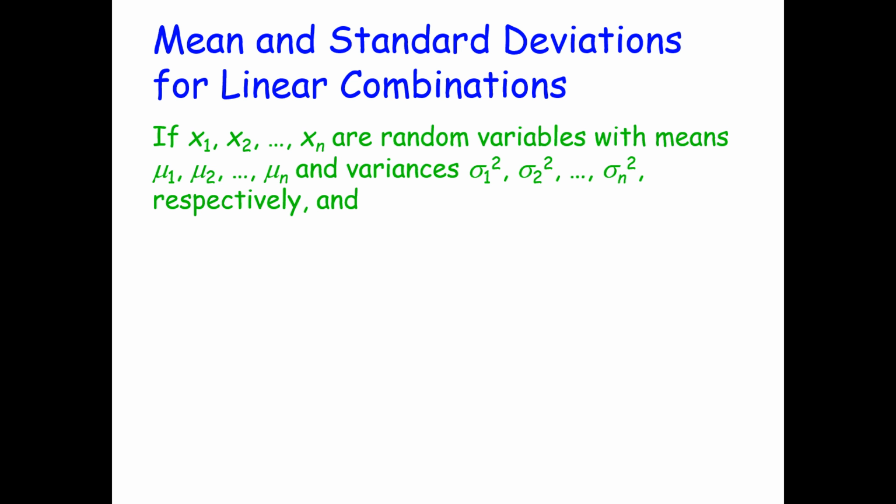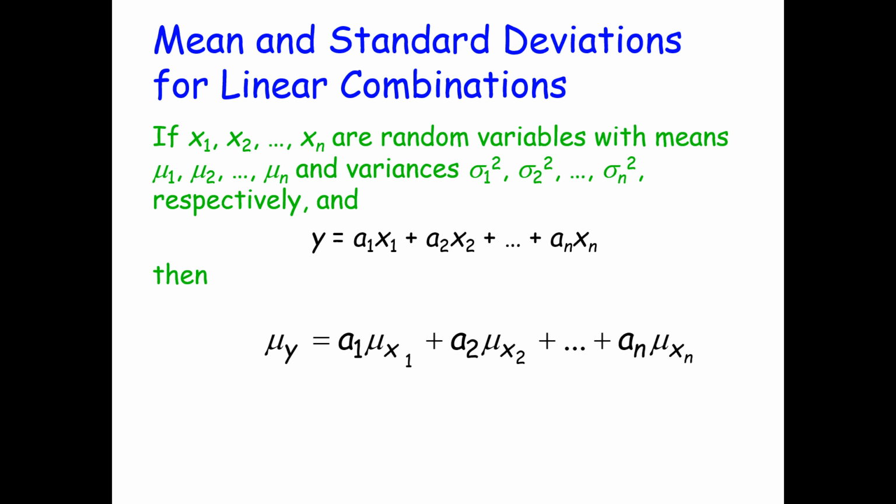Now, if x sub 1, x sub 2, all the way through x sub n are random variables with means of mu sub 1, mu sub 2, all the way to mu sub n, and variances of sigma sub 1 squared and sigma sub 2 squared, all the way to sigma sub n squared, respectively, and we can say that y equals a sub 1 times x sub 1 plus a sub 2 times x sub 2, all the way to a sub n times x sub n, then the mean of y is a sub 1 times the mean of x sub 1 plus a sub 2 times the mean of x sub 2 all the way to a sub n times the mean of x sub n.